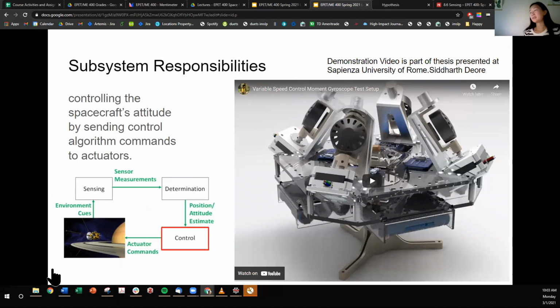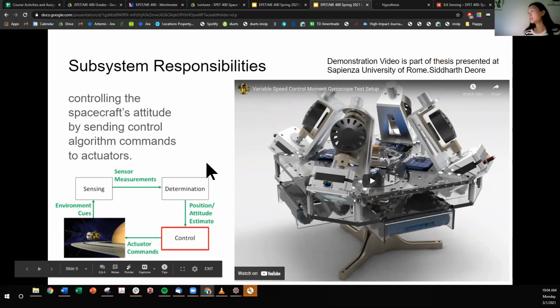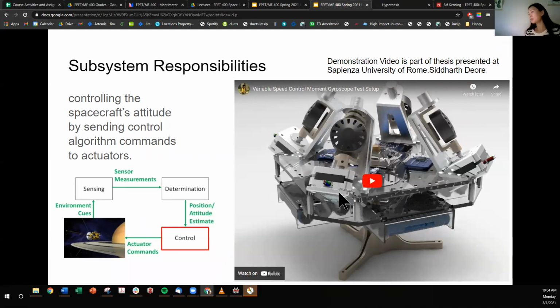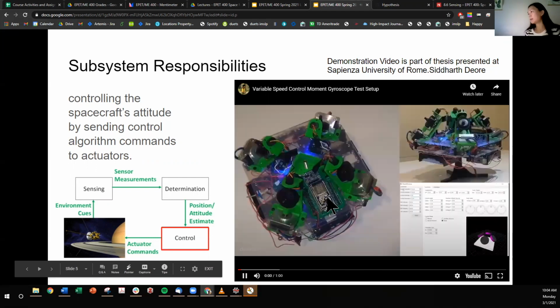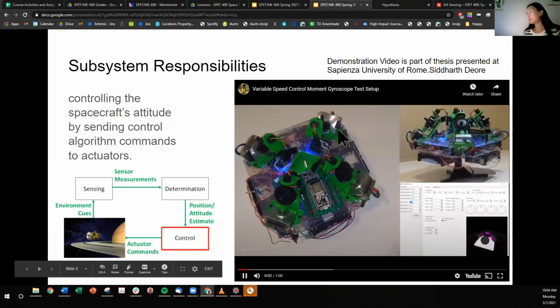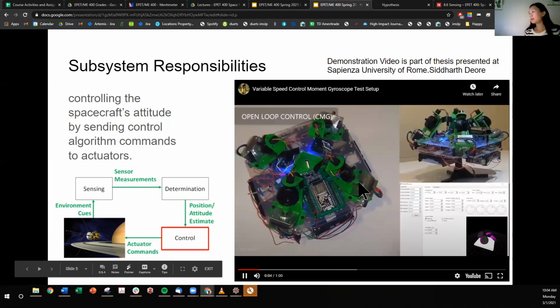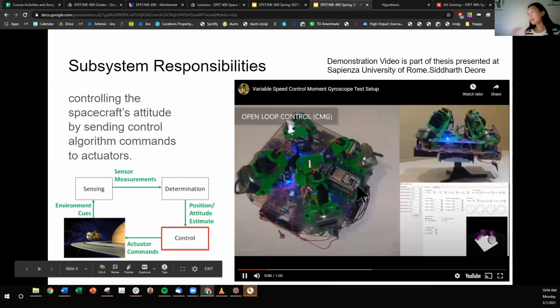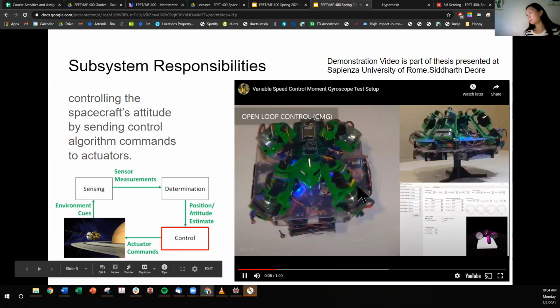The ADCS system, the C part, is controlling the spacecraft's attitude by sending control algorithm commands to actuators. So we'll go into different actuators later, but one of them is called a control moment gyroscope. So let's look at this test setup. We've got control moment gyroscopes, which are these wheels that carry angular momentum with them.